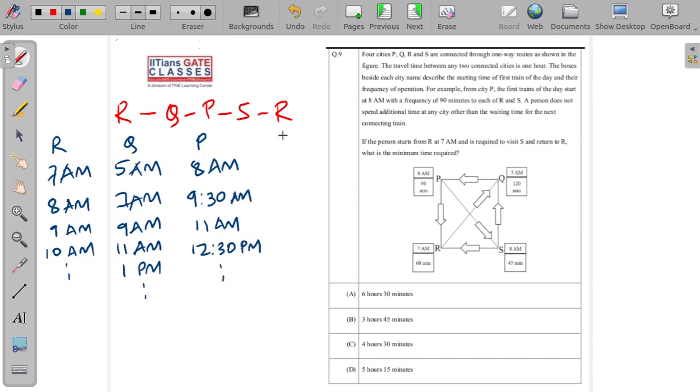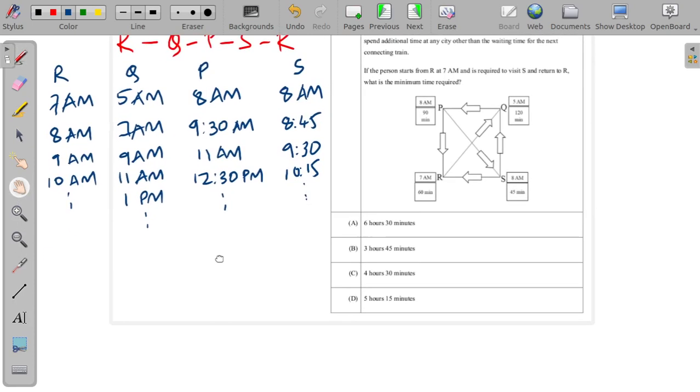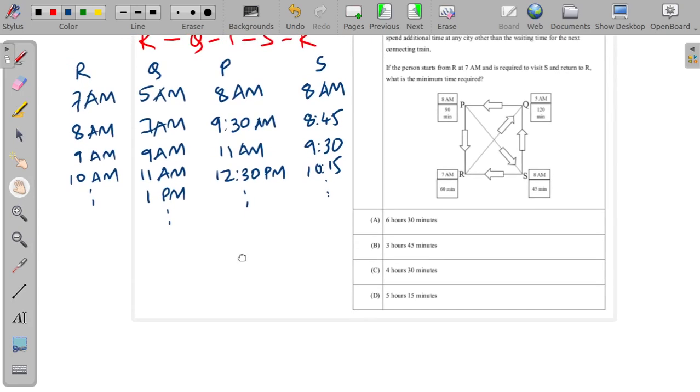So P, Q, R, finally S is remaining. This has the shortest waiting time, 45 minutes. So 8 a.m., then 8:45, 9:30, 10:15 and so on. The whole point of writing so much was to get a feel of this.